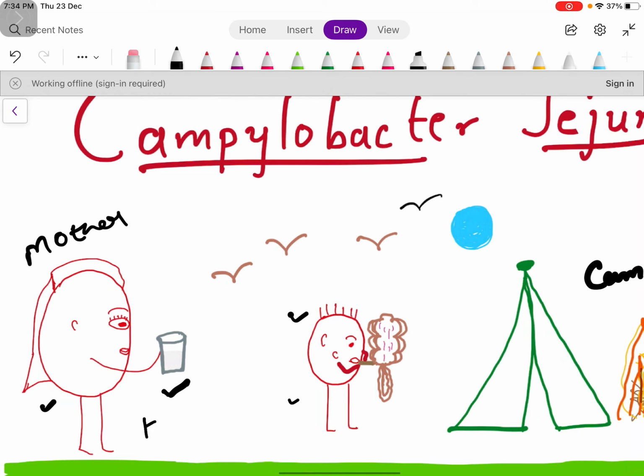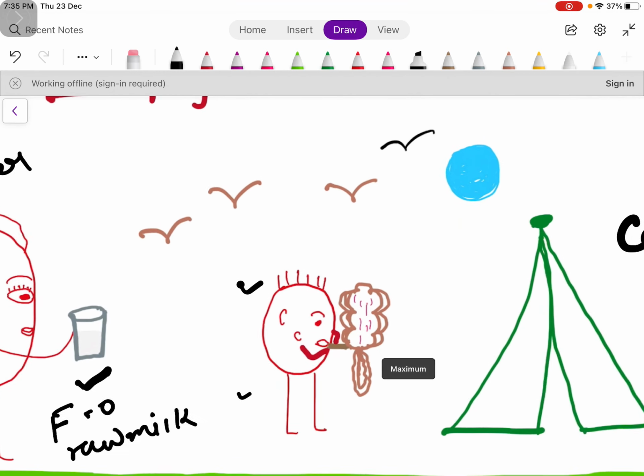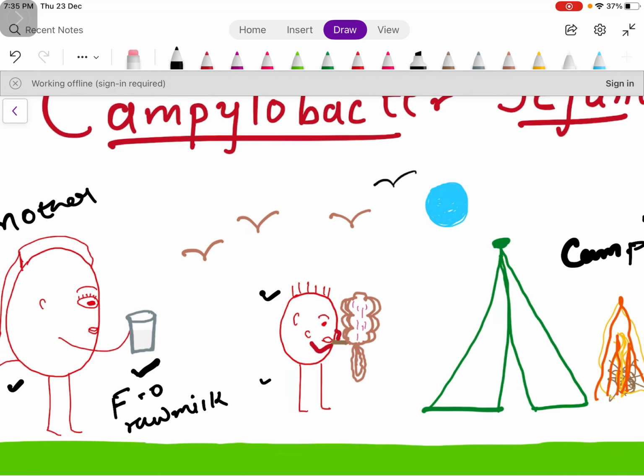Then you can see that this mother bacteria is giving this milk to her child. This will help you remember that transmission is by fecal-oral route, and most probably with raw milk. And this cotton candy will help you remember that this mostly affects the large intestine, and it can also mimic appendicitis.